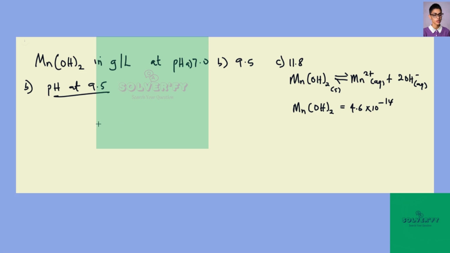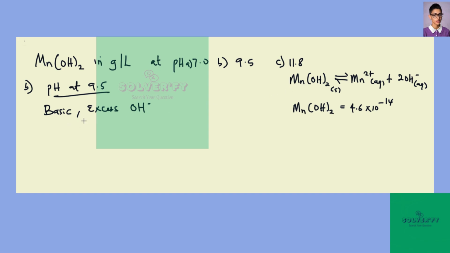And at pH 9.5, this is going to be basic. And that means we'll have excess hydroxide. And if we have excess hydroxide, that's going to push the equilibrium to the left, right?